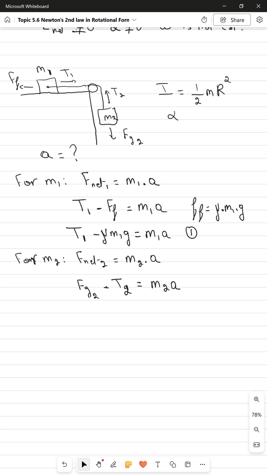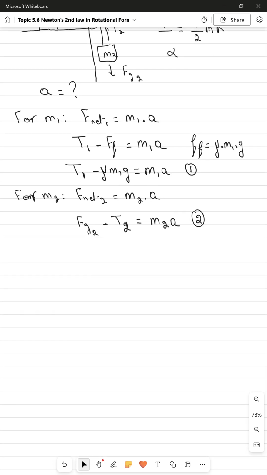That's what we have done in Unit 2. But in Unit 2, since the pulley was massless, T1 was equal to T2, but here, since we have the pulley's mass, it's not going to be the same. So right now that's the second equation.